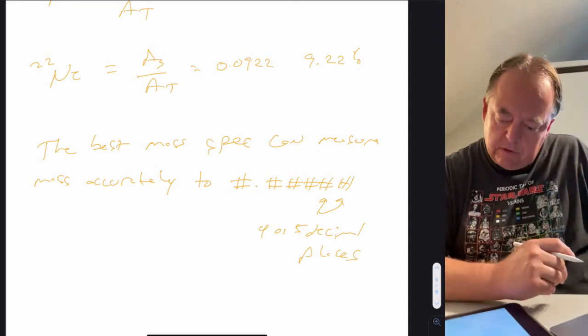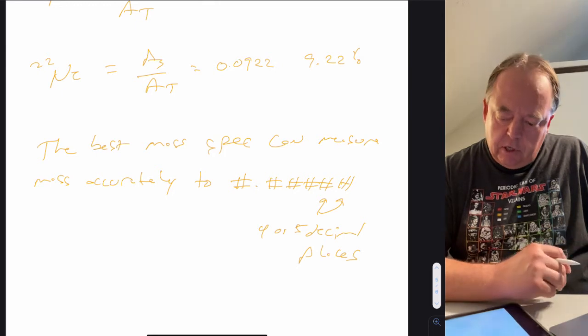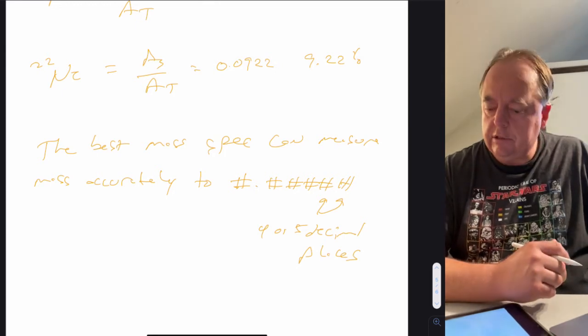But if you want to measure something's mass that accurately, you need a really expensive instrument to do that. So then you're talking spending $500,000 for an instrument.